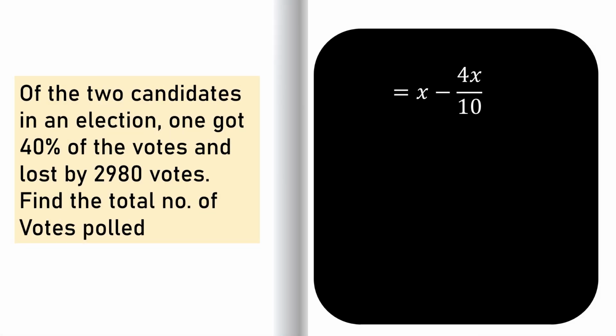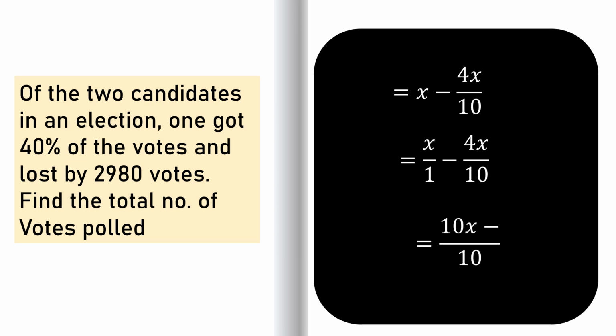Now, let's do the calculation. The first term x can be written as x over 1. Now the denominators are 1 and 10. So, the LCM is 10. 1 times 10 is 10, and 10 times x is 10x, so we write 10x in the numerator.